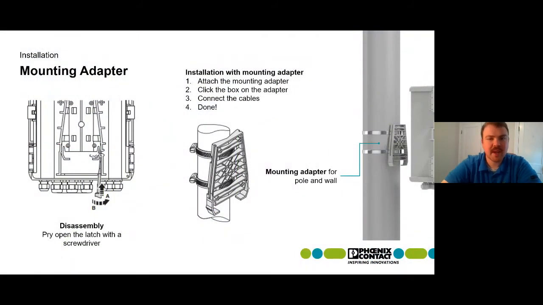Getting into how this actually gets installed and some of the nice features that are available. A mounting adapter is included with the product. It could either go on a pole, where there's a mounting pole accessory you could get as well, or a flat mount.